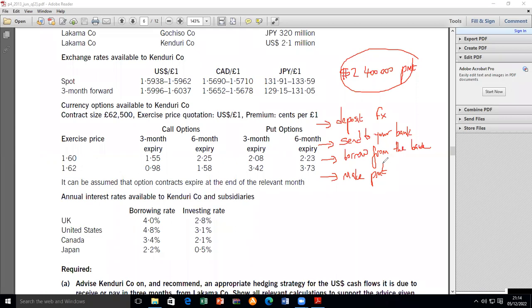Anyone wants to come up with their own steps as well? Money market hedge. I think we'll consider the shortcut maybe just borrow, convert, deposit.